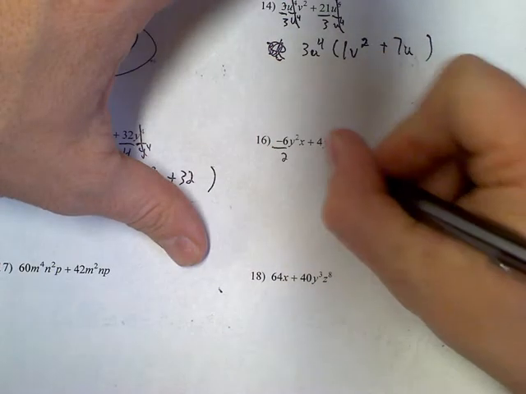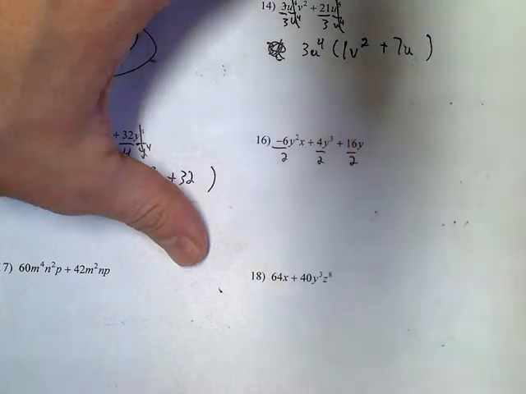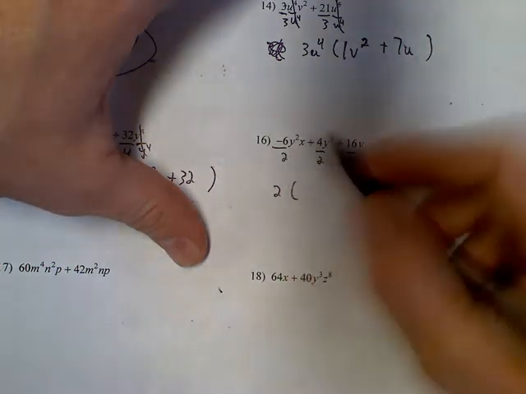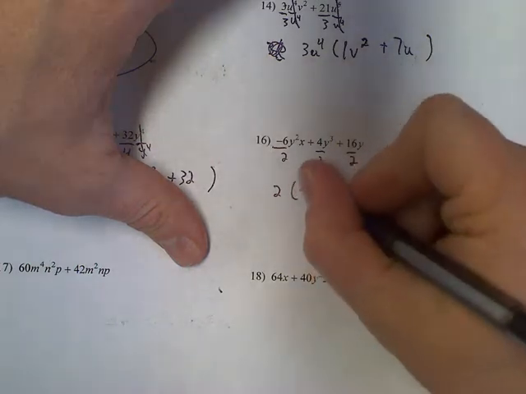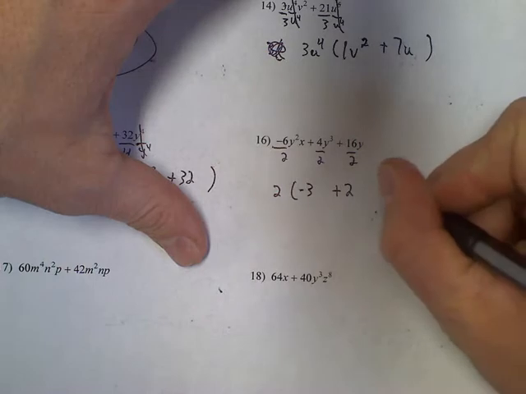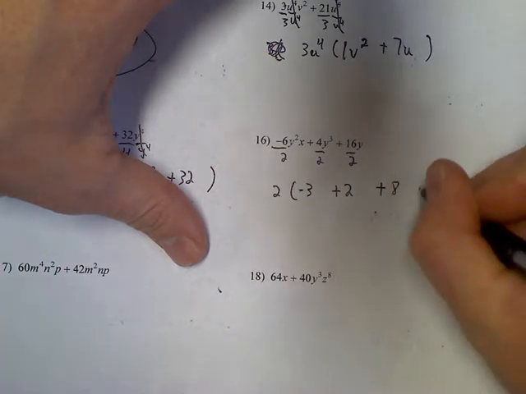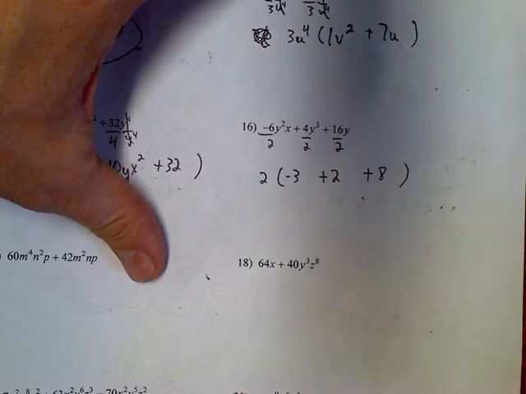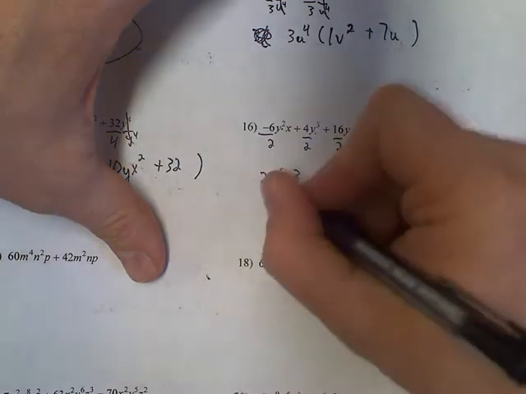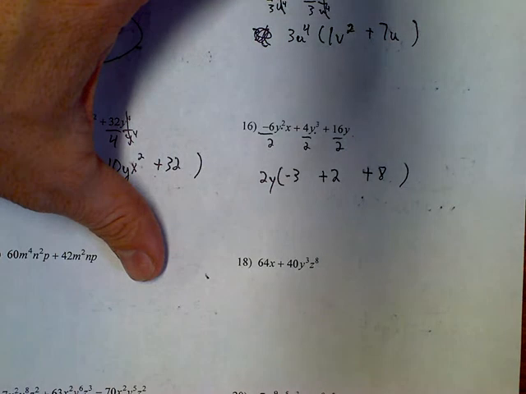The largest number that can divide into here would be 2. So if I divide, I'm left with negative 3, positive 2, positive 8. This has 2 y's, 3 y's, 1 y, so I can take 1 y out.